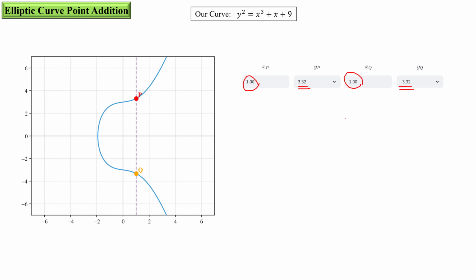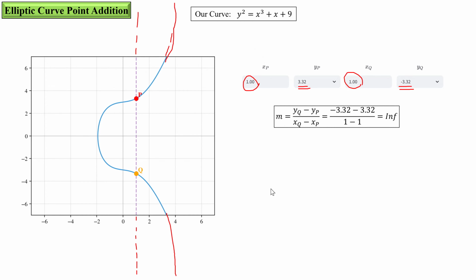In this situation, again, we draw a line passing through the two points P and Q, but this vertical line never intersects the curve at all. So there is no intersection in this situation.